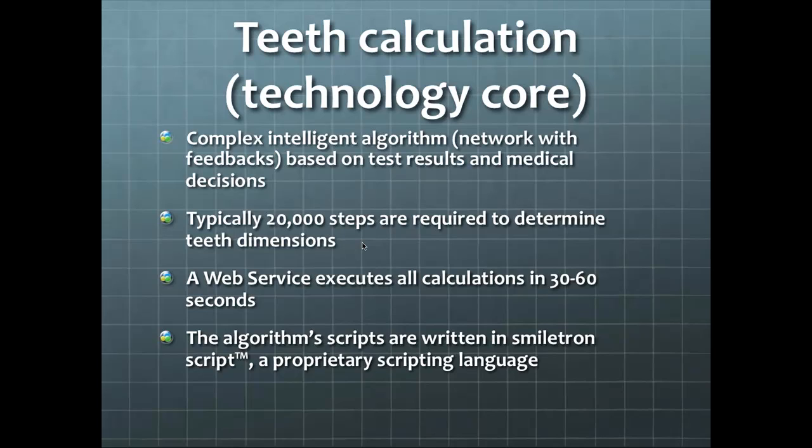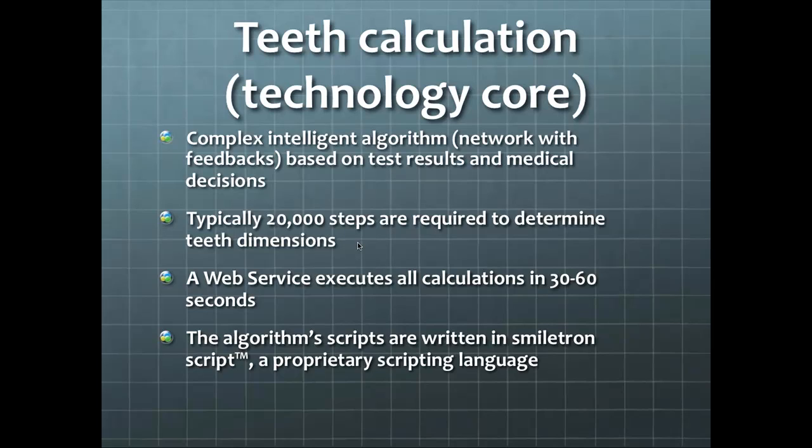So the system starts from pictures, from landmarks, from medical questions like structure of skull that dentists know how to answer. And based on these results, the system runs an algorithm that has feedback. So it iterates several times until the results converge to a final stable result.